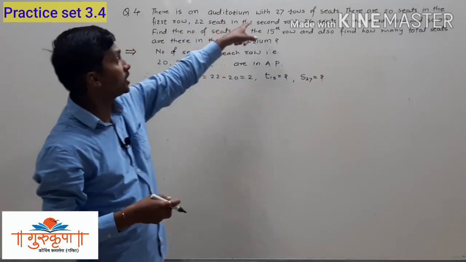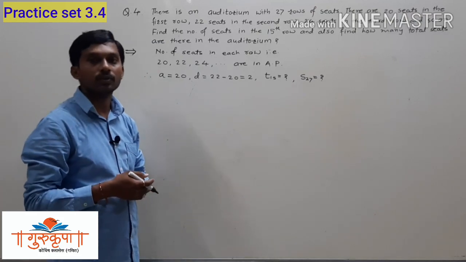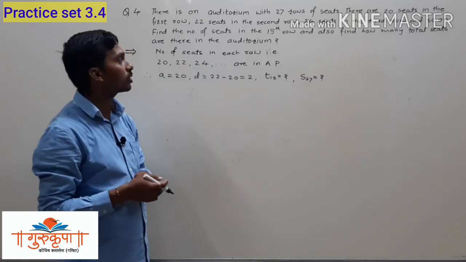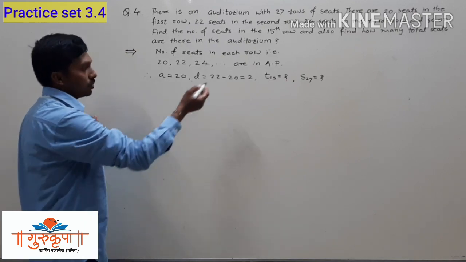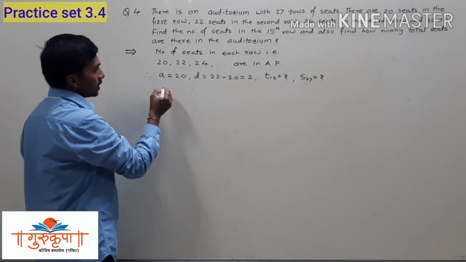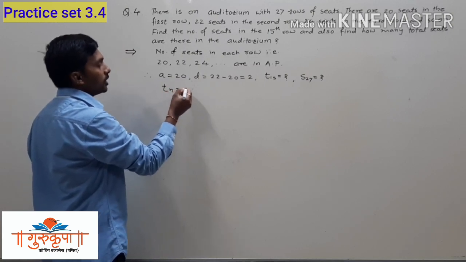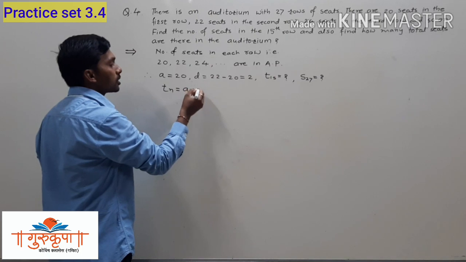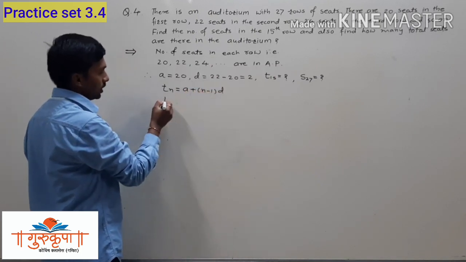Since there are 27 rows and we have to find the total number of seats, we have to take the sum of all the seats in the 27 rows. So that is S27. First we will find T15 using the formula for the general term of an AP. Tn is equal to a plus (n minus 1) into d.